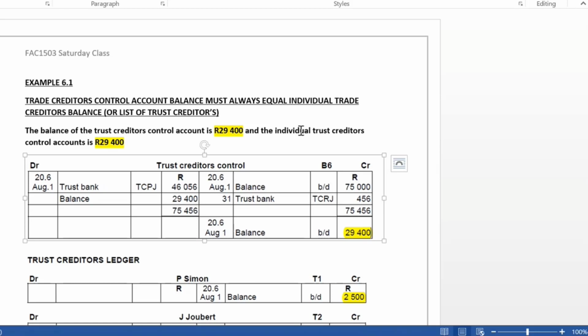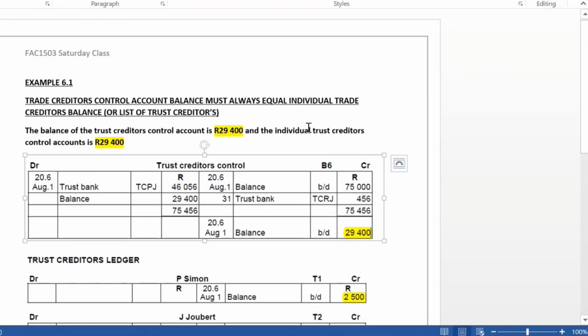So at the present moment, Trust Bank has a debit of 29,400, and a trust creditor control account has a balance of 29,400 credit.